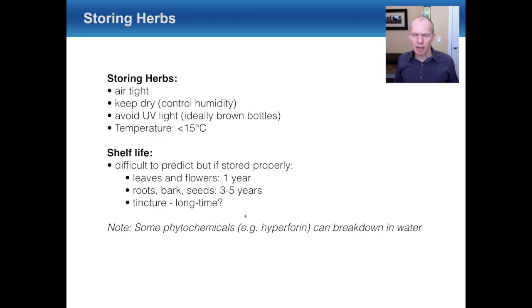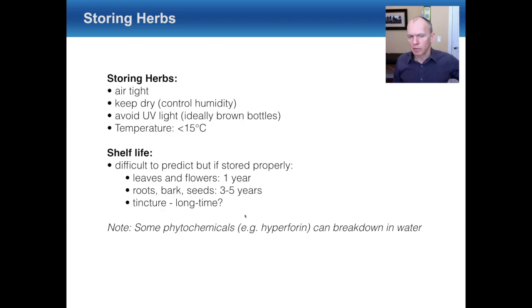So leaves and flowers, nobody really knows exactly. I would say if it's in a tea form and it's sealed pretty well, about a year. If you think about the spices in your kitchen, I know I've got some turmeric that's at least 3 years old kicking around in there, and some marjoram, which I don't use very often, and it still tastes good.